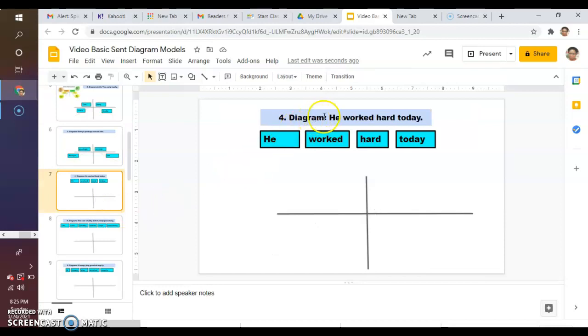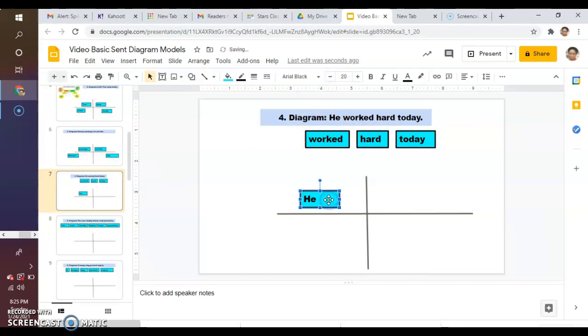So diagram 4, he worked hard today. All right, who or what is this sentence about? It's about he. So you put he because he always goes in the subject. Now, what did he do? That's the verb. So he worked. So you put worked in the verb slot. So is hard telling you about he or about his working?